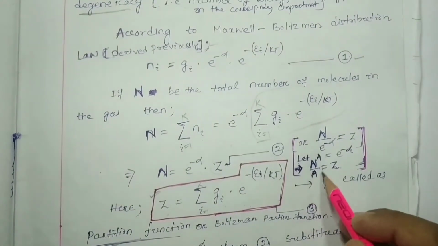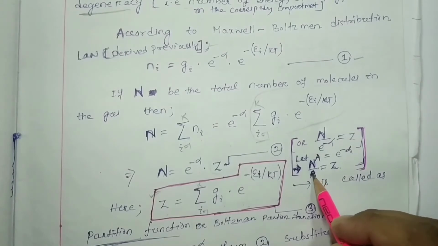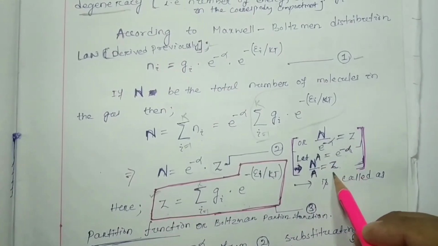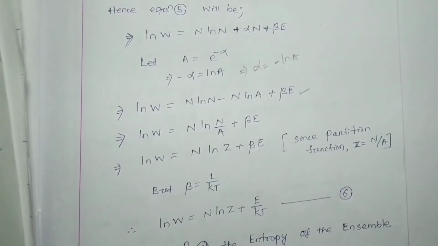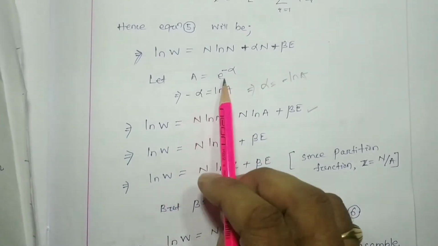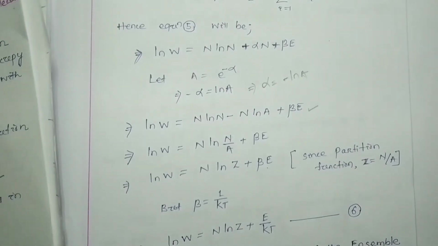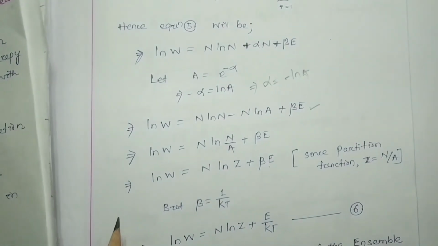N by A, or N by e to the minus alpha, equals Z. Here also we have considered A as e to the minus alpha, so N by A is nothing but your partition function.